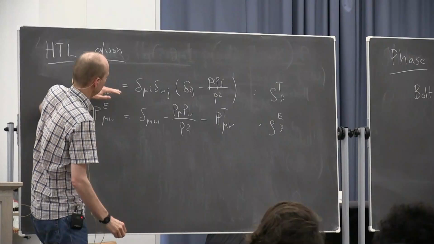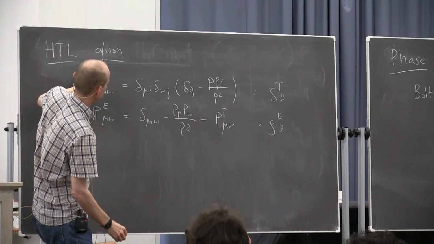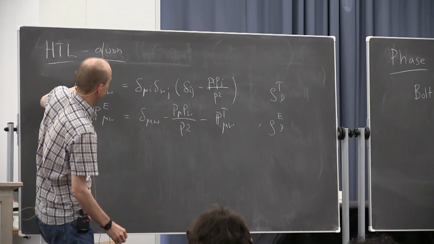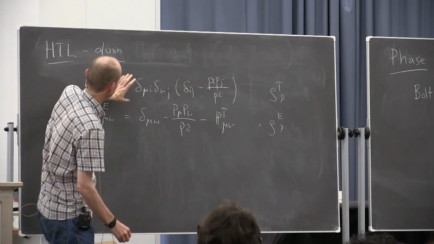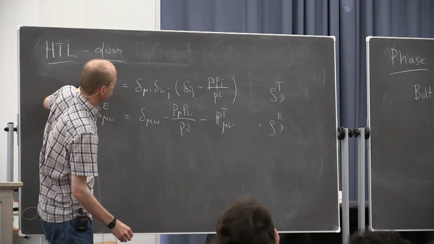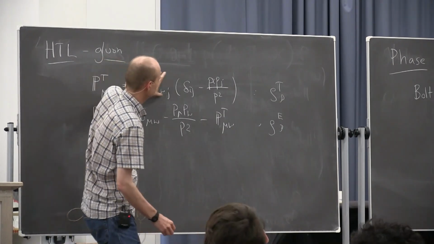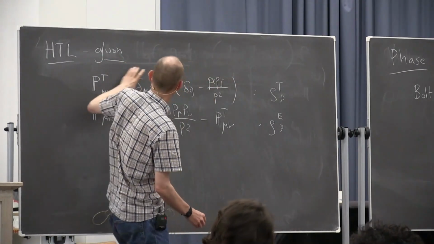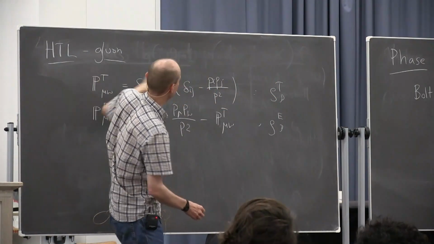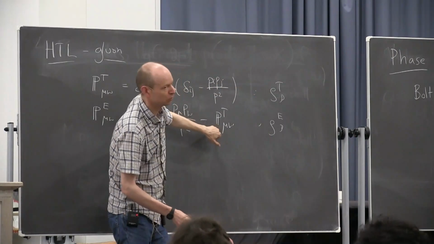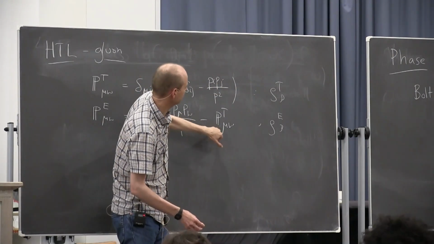So now what we see is that this particular structure, this transverse structure, couples to both the T and the E. It couples directly to the T by definition, but it also couples to this E because I have subtracted it here.